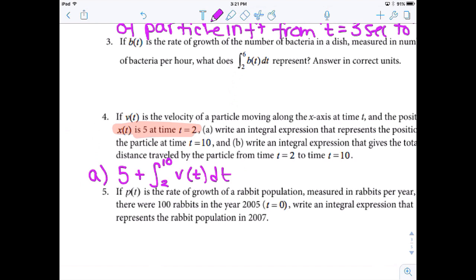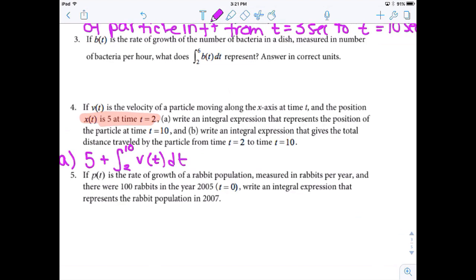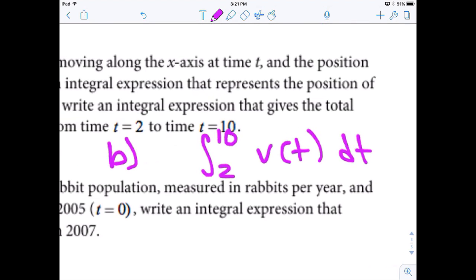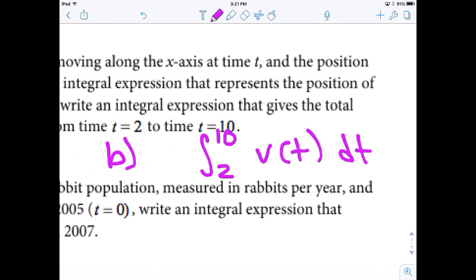Now for part b, we write an expression that gives the total distance traveled. The integral from 2 to 10 of v of t dt is the net change, right? That's not the total, that's the net. To make it so that we don't care whether we were moving in a positive or negative direction, we can throw absolute value bars around that.